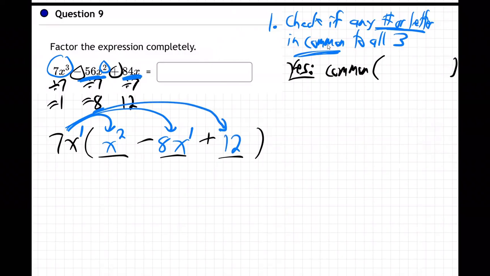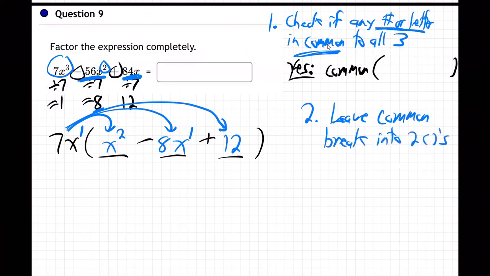All right, now, step 2, you're going to leave the common part and break the rest into 2 parentheses. So we're going to have the common part in the front, and then 2 parentheses.